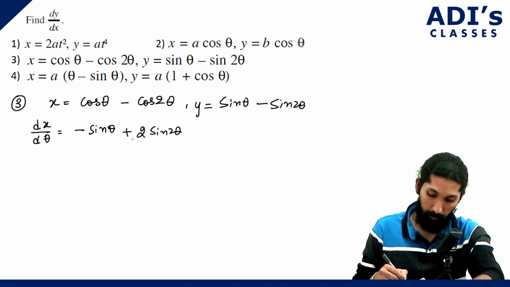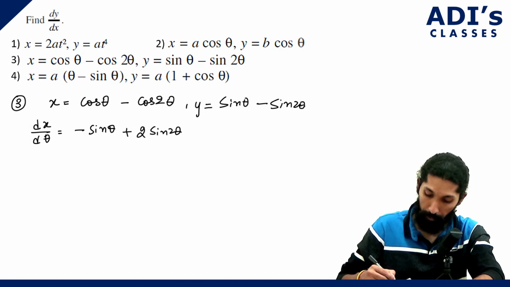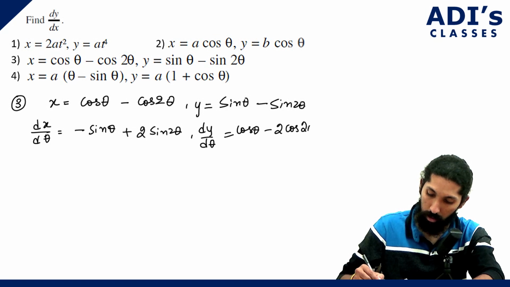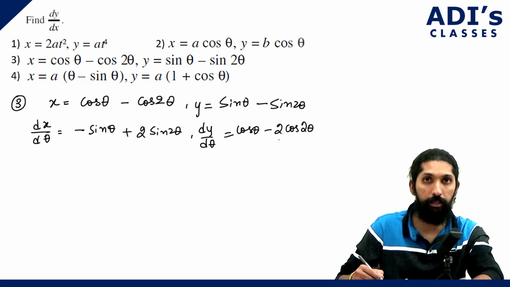So minus into minus becomes plus here. Likewise, dy by d theta becomes cos theta minus 2 cos 2 theta, right?